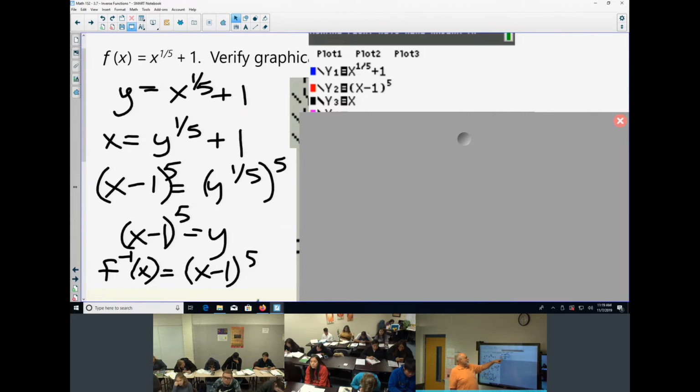Those are what you need to put in your calculator to see if that's right. If you're not sure about the answer on a test or a quiz, this is how you check to make sure that your answer is correct.